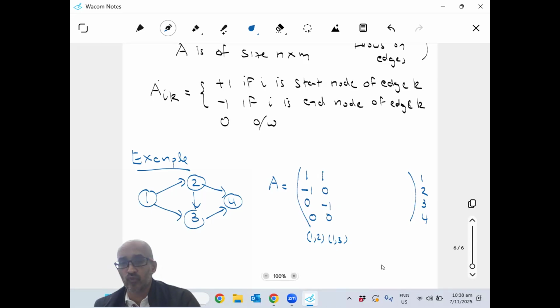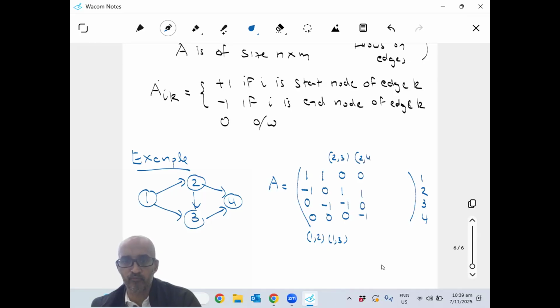Node 2. So I've done 1,2 and 1,3. Now 2,3 will exit 2, enter 3. So this is the link column corresponding to 2,3. Then 2,4 will be 0, 1, 0, -1.